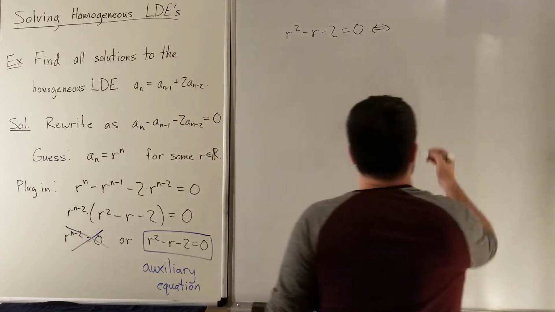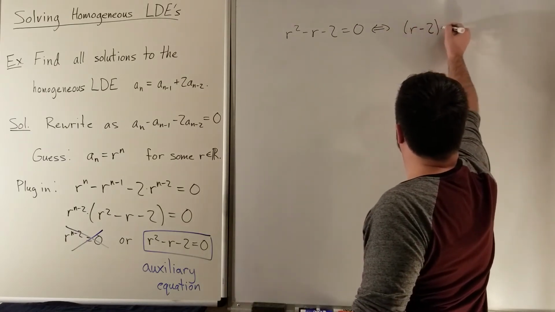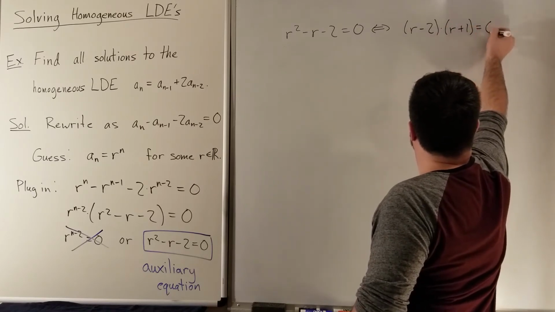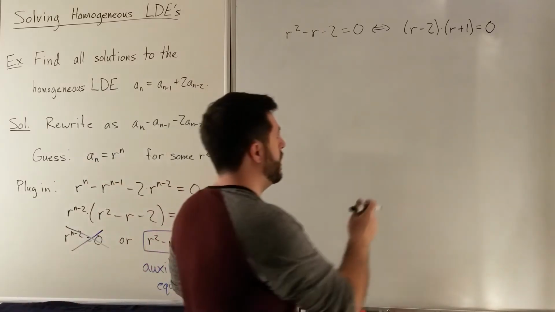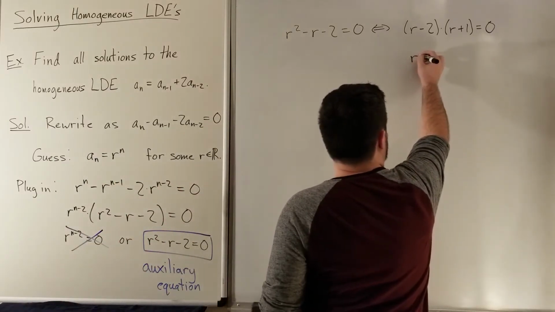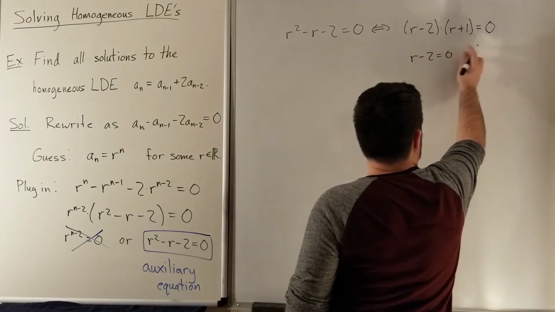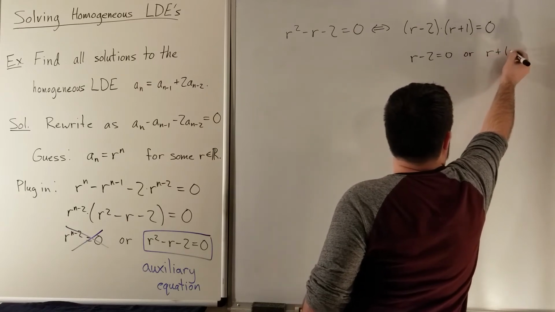That's the same thing as saying r minus 2 times r plus 1 equals 0. And that means that either r minus 2 is 0 or r plus 1 is 0.